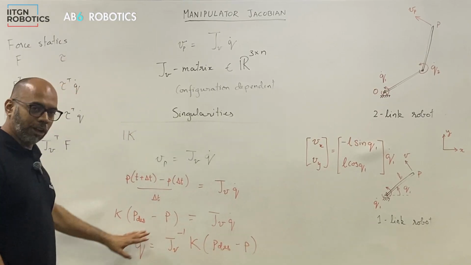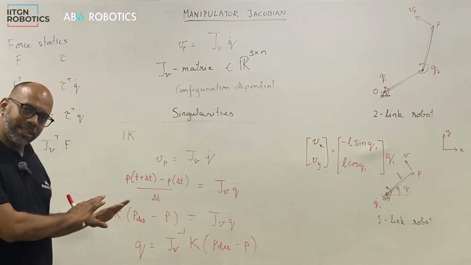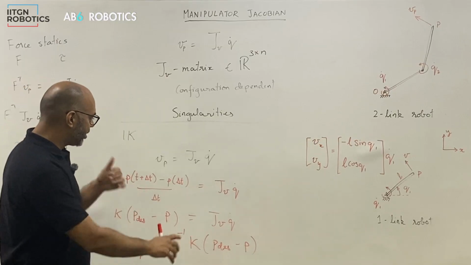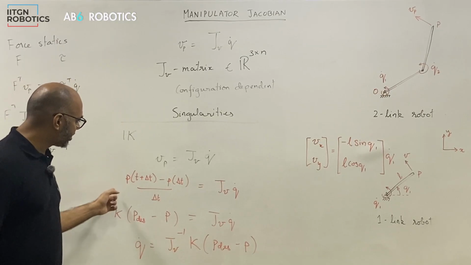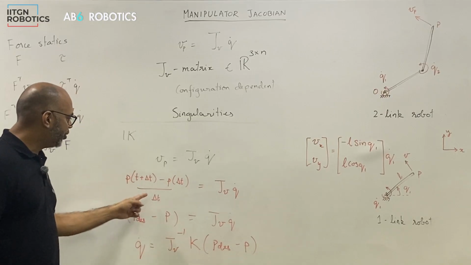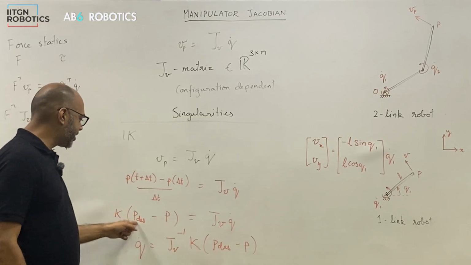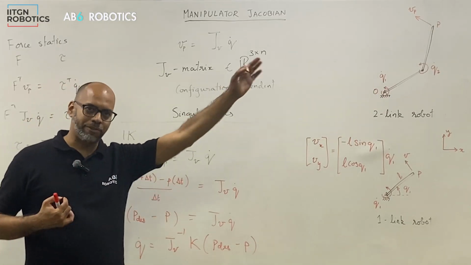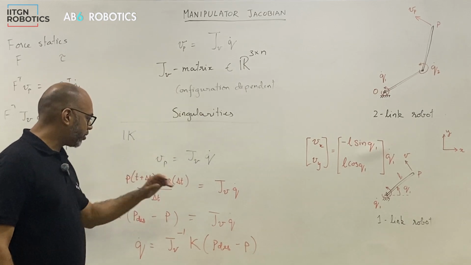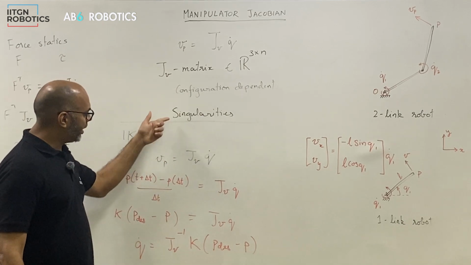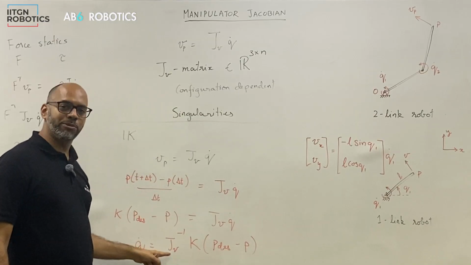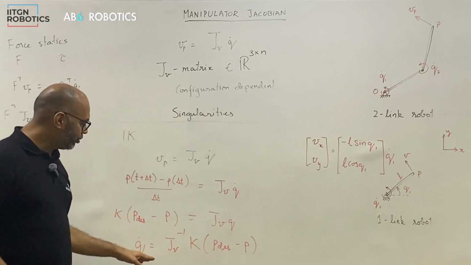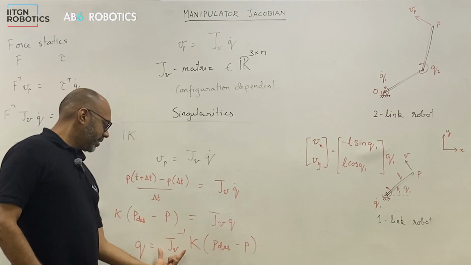Now, there are lots of challenges here. This is a very simple explanation of how it is typically done. One, this is an approximation. Two, you don't typically want to reach your desired position in one step, especially if you are far away. So, there's a lot more going on. Three, along the way, you may encounter singularities, so your Jacobian may be losing rank. So, you do a little different approach.